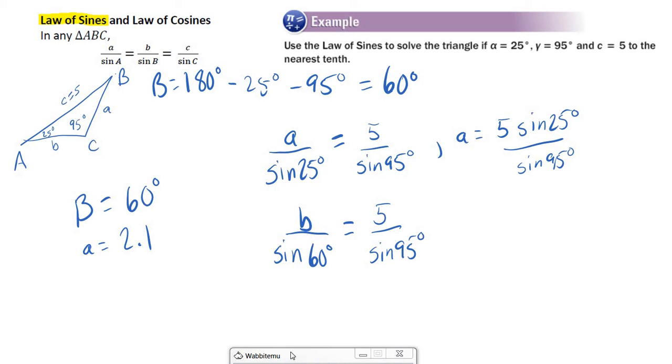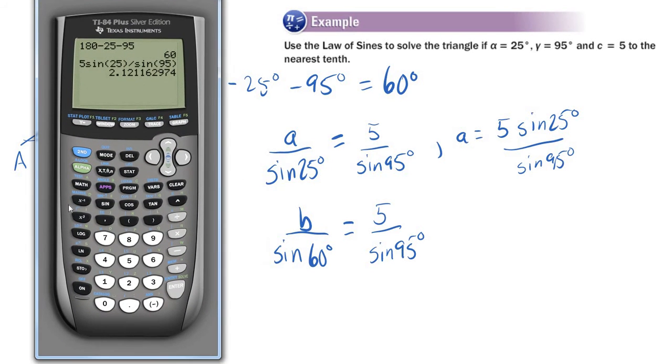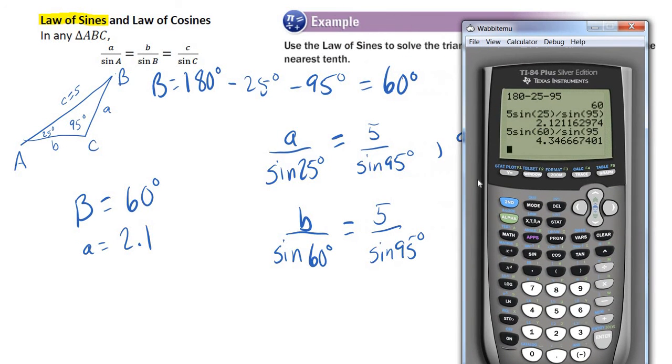So let's go back to our calculator. 5 sine 60, and again all I'm doing is multiplying by sine 60 up here, divided by sine 95, and that's about 4.3. So side B is about 4.3.